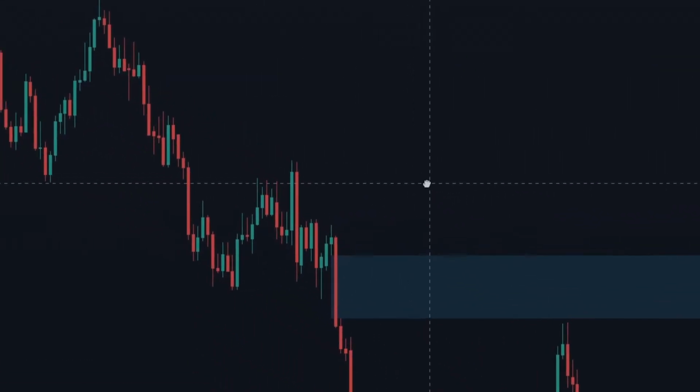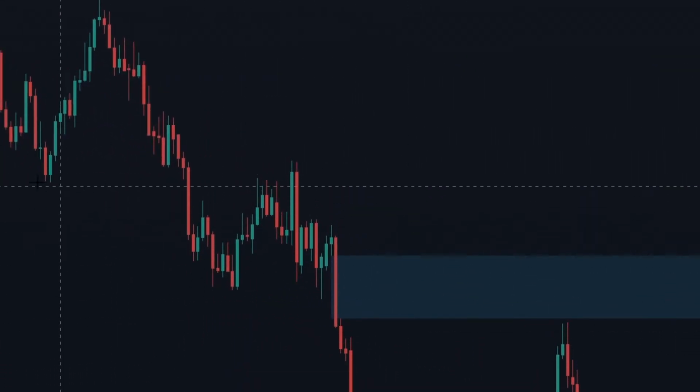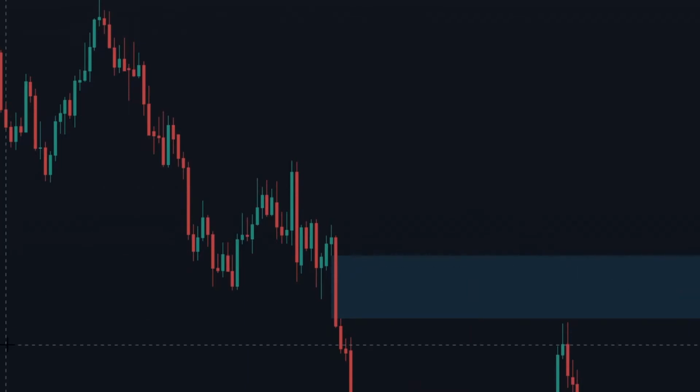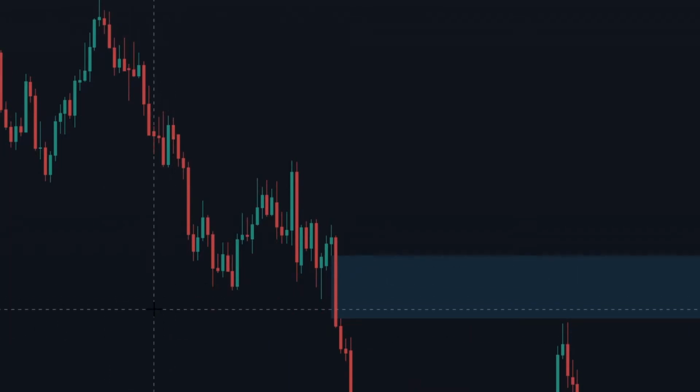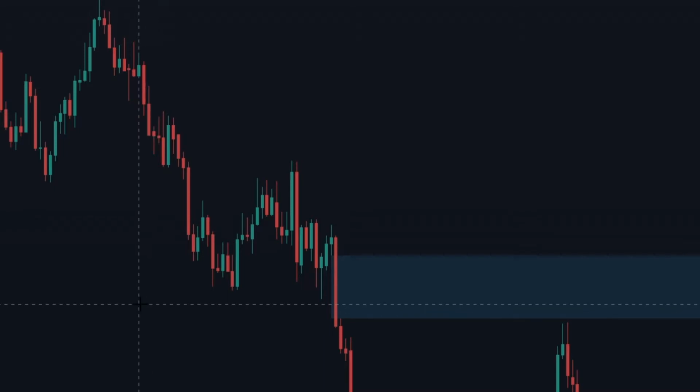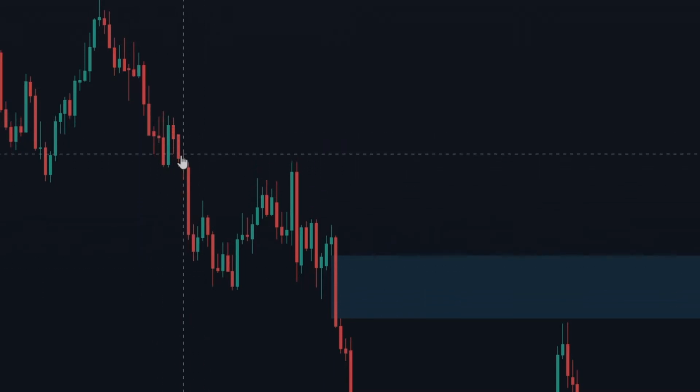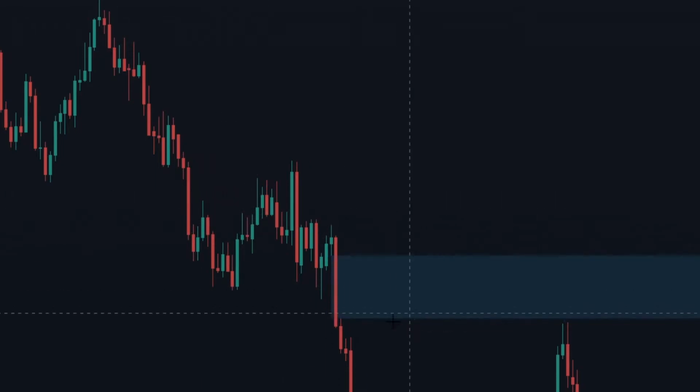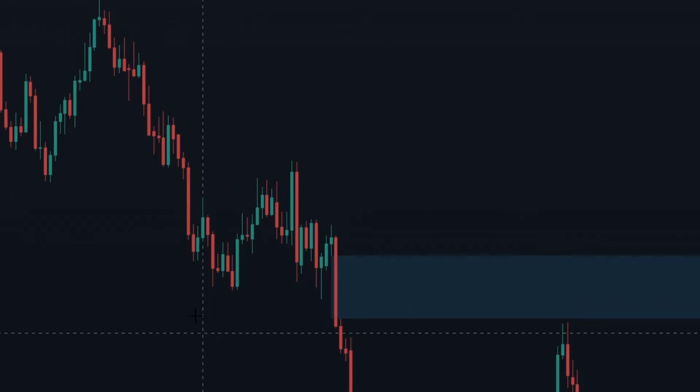Now if we look left, can we see an order block? An order block is the candle before an impulsive move that leaves behind an inefficiency. So over here, this candle here would be our order block, an impulsive move that leaves behind an inefficiency. Let's mark out this inefficiency over here.